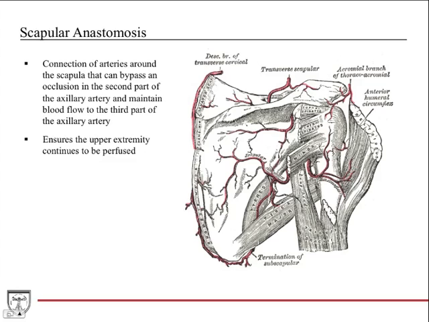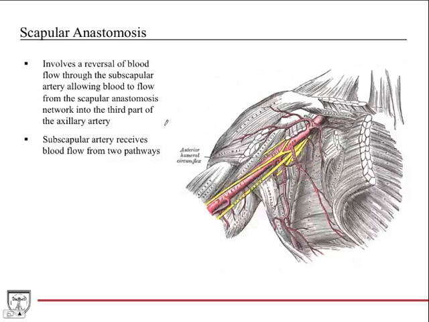Okay, and this is a good diagram. This is a posterior view of the anastomosis that occurs. What this anastomosis involves is reversal of blood flow through the subscapular artery. The subscapular artery, if you remember, is the artery that branches inferiorly off of the third part of the axillary artery. So this would be the third part.